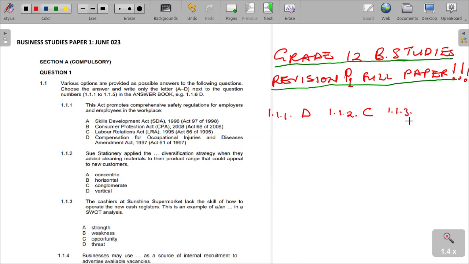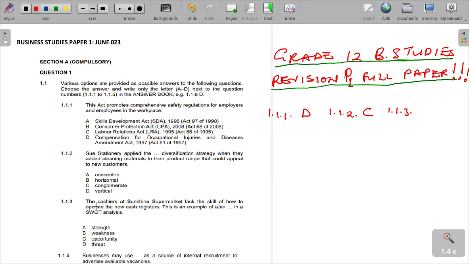1.1.3. The cashiers at Sunshine Supermarket lack the skill of how to operate the new cash registers. This is an example of a dash in a SWOT analysis. I'm sure you've learned about SWOT analysis, where we talk about strengths, weaknesses, opportunities and threats, used as an analysis technique or an environmental scanning technique that businesses use.